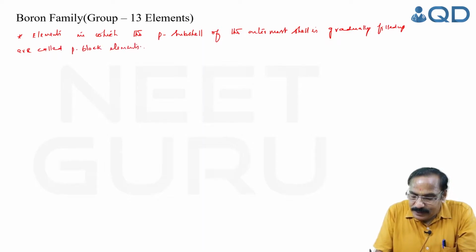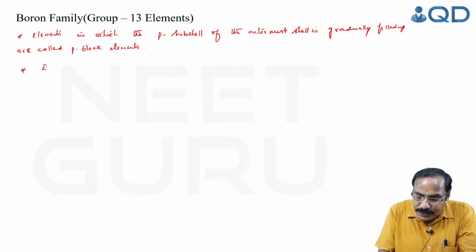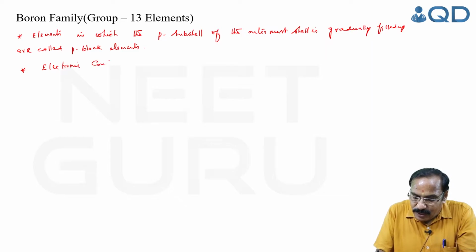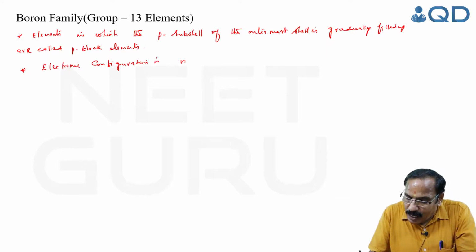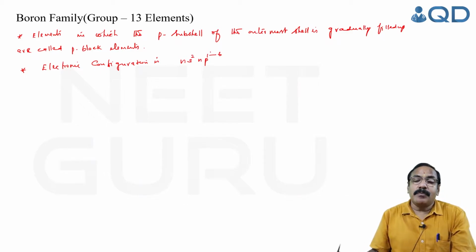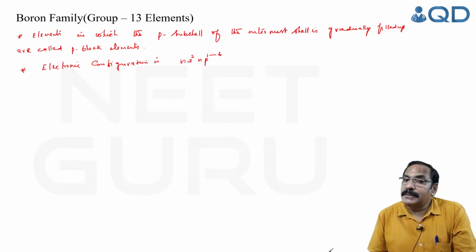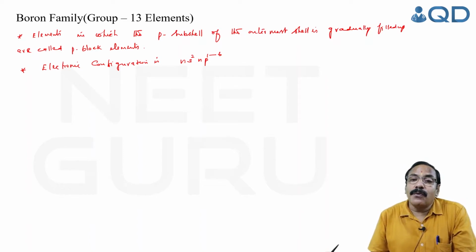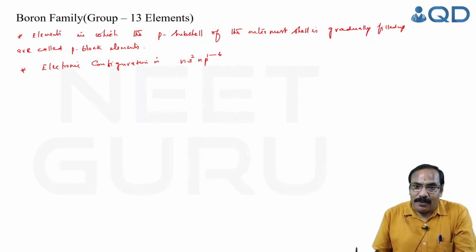Their electronic configuration is: outermost shell is n, where the s subshell has 2 electrons, while the p subshell is progressively filled. As you know, p subshell has a maximum capacity of 6 electrons. Therefore, there are 6 groups of p block.